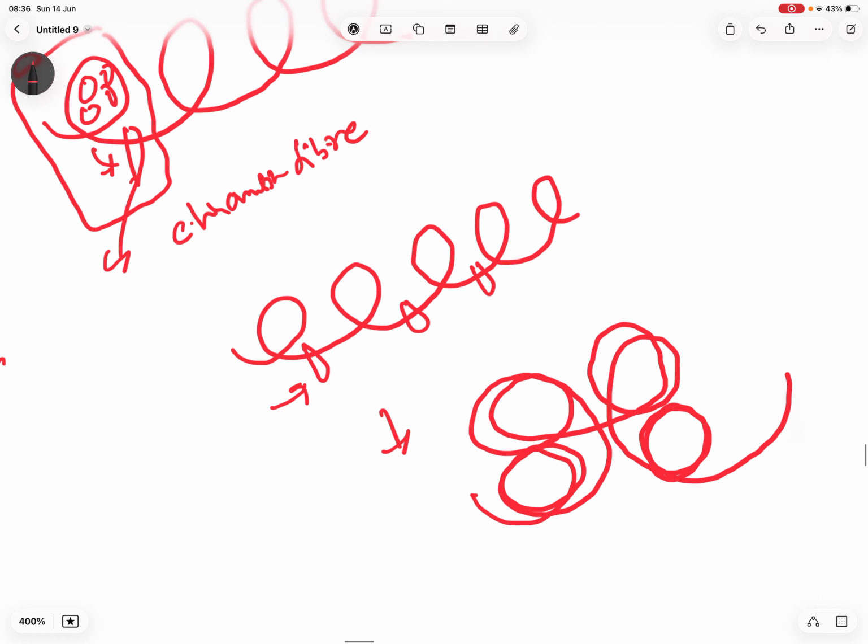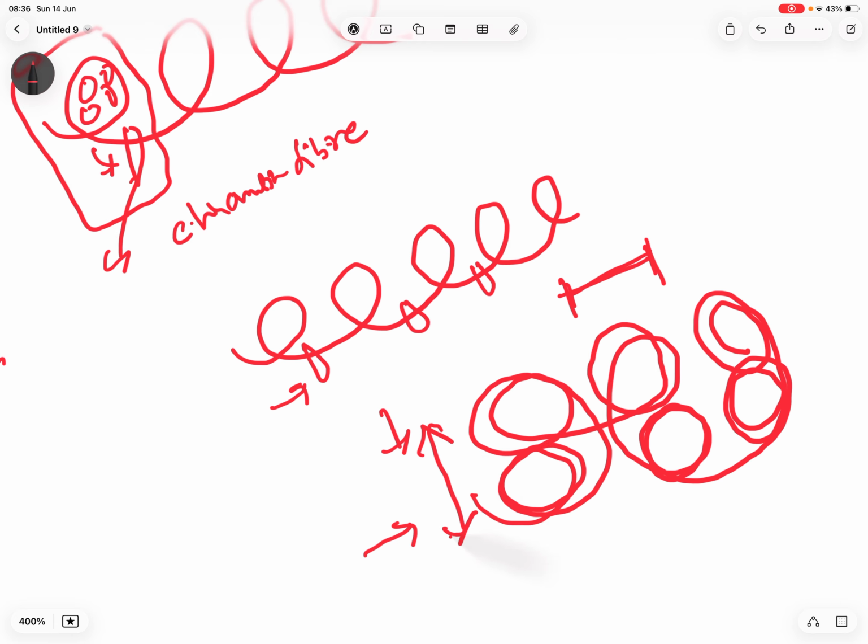So you can see, because of this, the length of the DNA reduces further, and also you see the thickness of the DNA increasing.